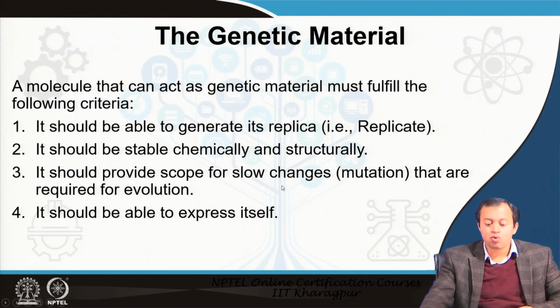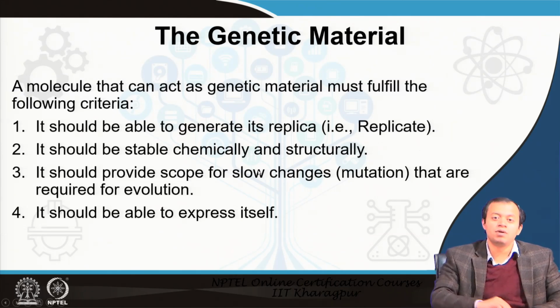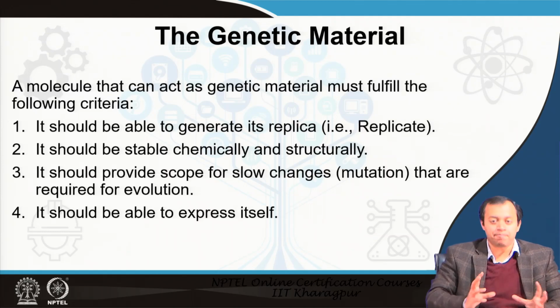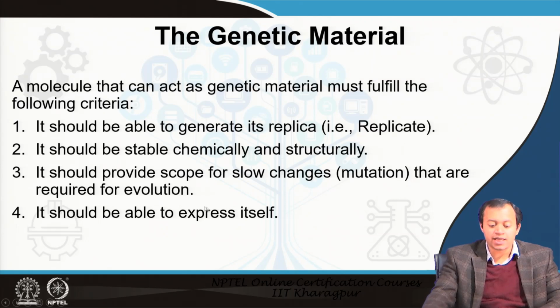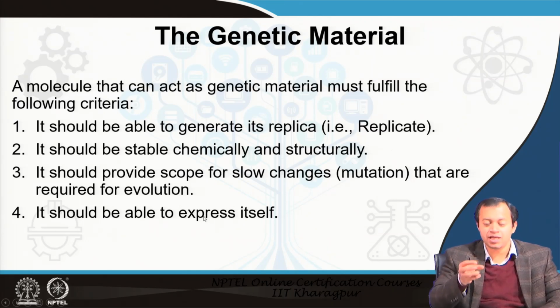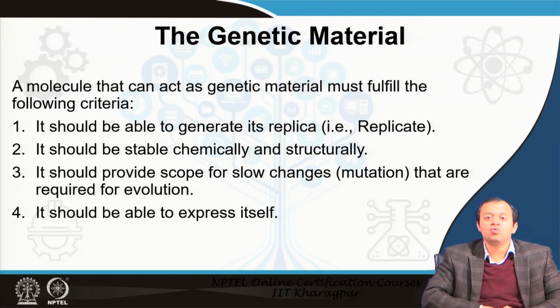It should provide scope for slow changes. As the external environment changes, this genetic material must be able to change or adapt itself. It should have some sort of adaptability, and it should be able to express itself. What does this mean? Expression simply does not mean it will go into a song and dance sequence. It should be able to synthesize proteins.